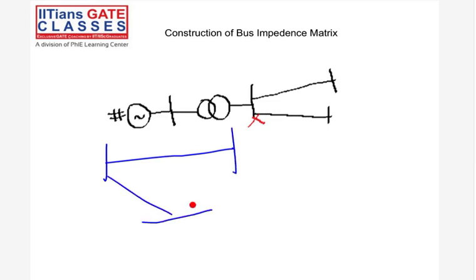We have a 3-bus system, and the line elements are minus J10, minus J10, and minus J10.